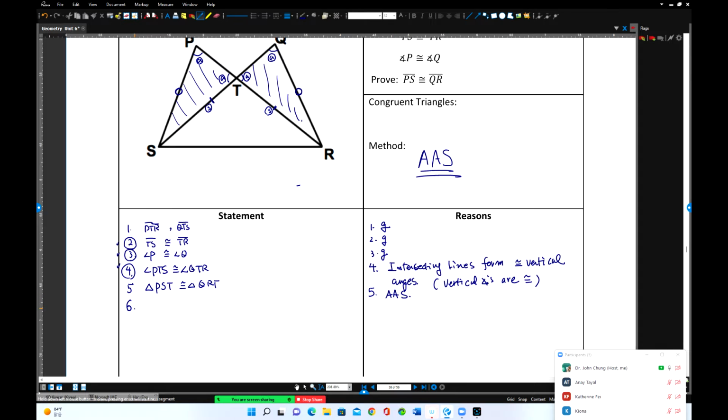But after that, PS and QR are like parts of congruent triangles. So you can go directly: PS, this side, must be congruent to QR because they are corresponding sides of these two triangles. You can use CPCTC here after finishing by congruent triangles.